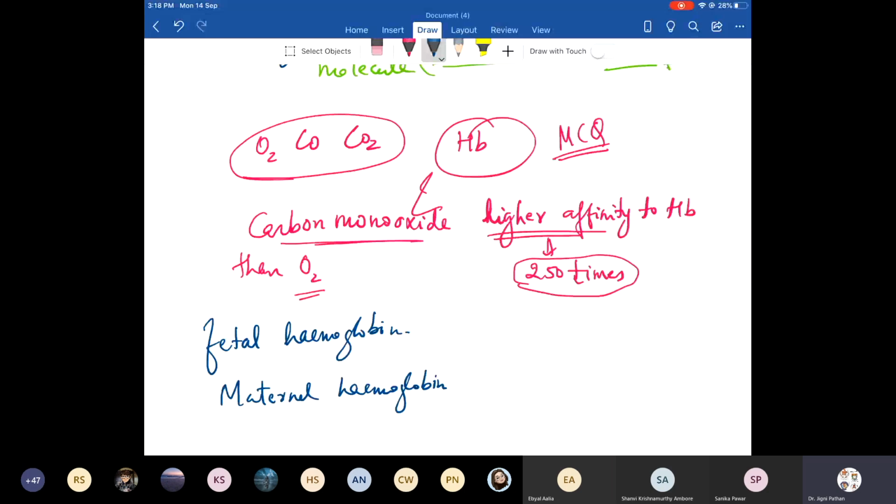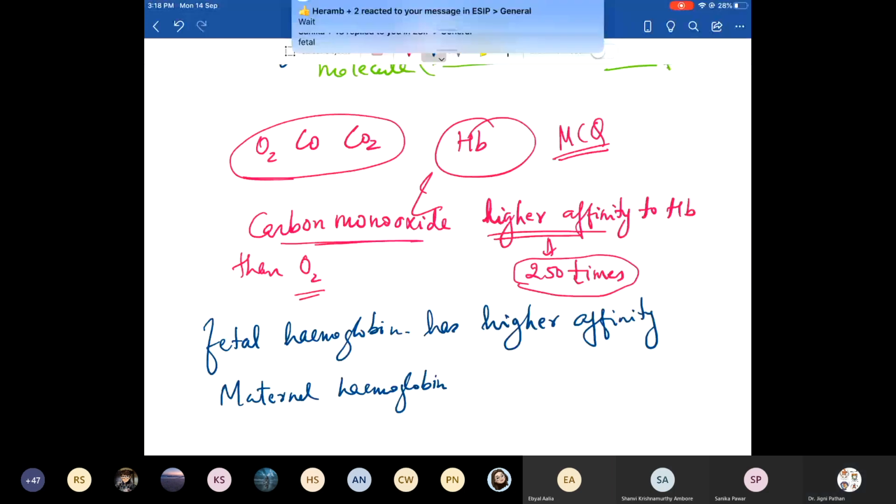Fetal hemoglobin has higher affinity. Yes, Sanika, fetal hemoglobin has higher affinity to oxygen than the maternal hemoglobin. Is this point clear?